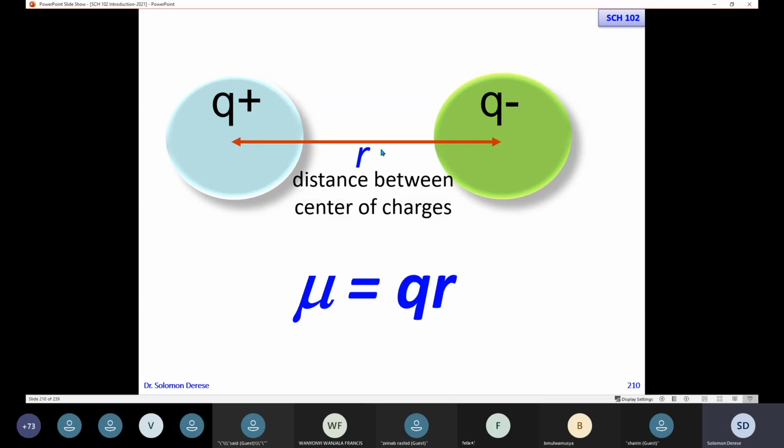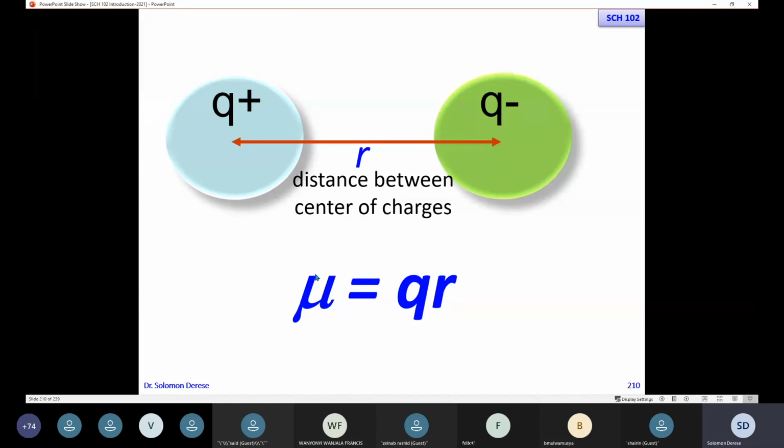The other factor is R. R is the distance. So the greater the bond length, the greater the dipole moment. But the bond length between two atoms is measured in angstrom units and is very small, so its contribution towards the dipole moment is not very significant, but all the same, it contributes.